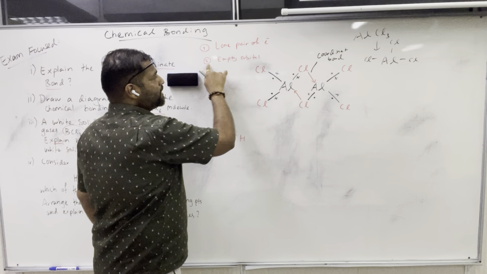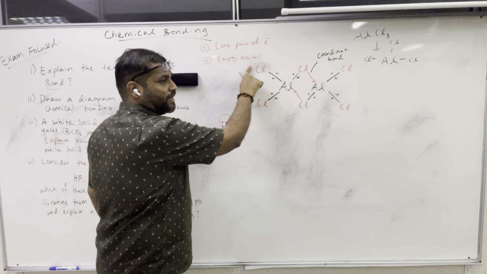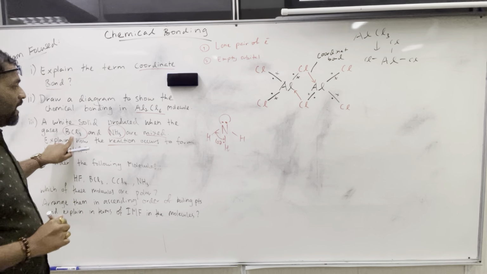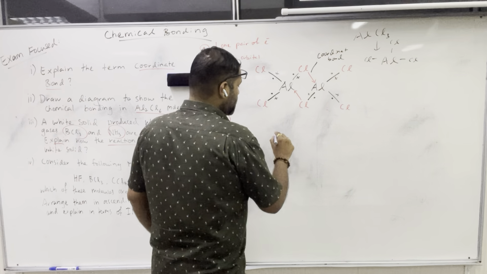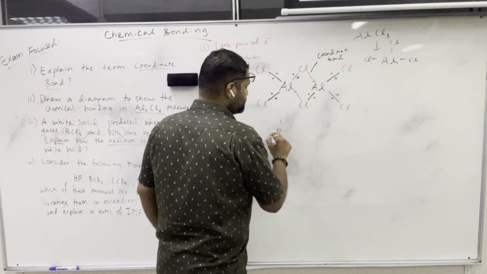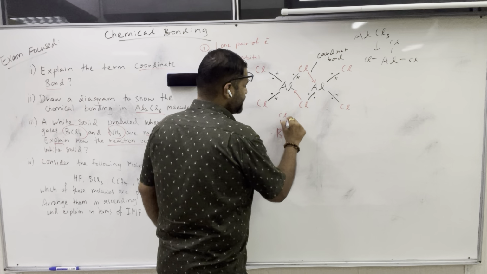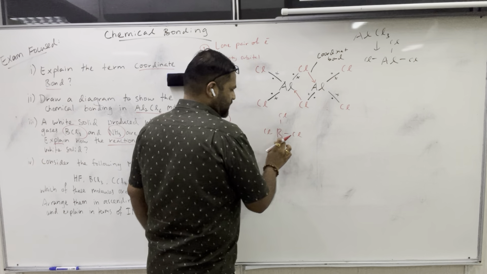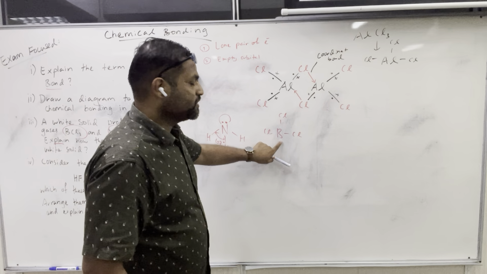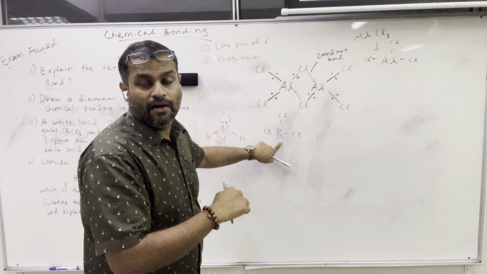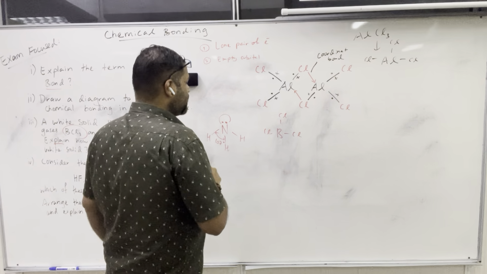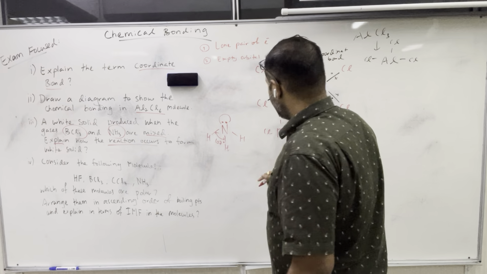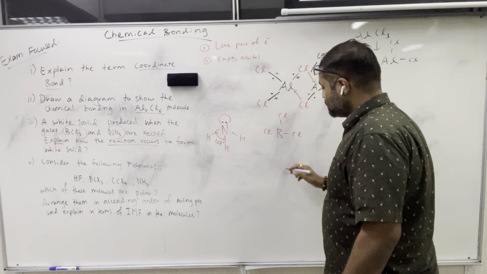But we have to check whether the second molecule has an empty orbital. By right, boron trichloride has an empty orbital because, as I mentioned, it has 3 chlorine atoms and one more space that can be filled up by electrons. So we're going to draw how a dative bond is formed.